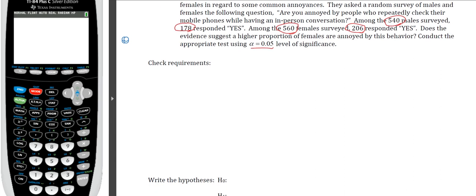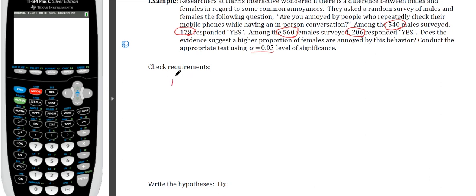All right, so we're going to have to check our requirements. Notice we have a lot more room here because it does tend to take a little while. All right, so for randomness, it says random. So it does say random in the description of the problem.